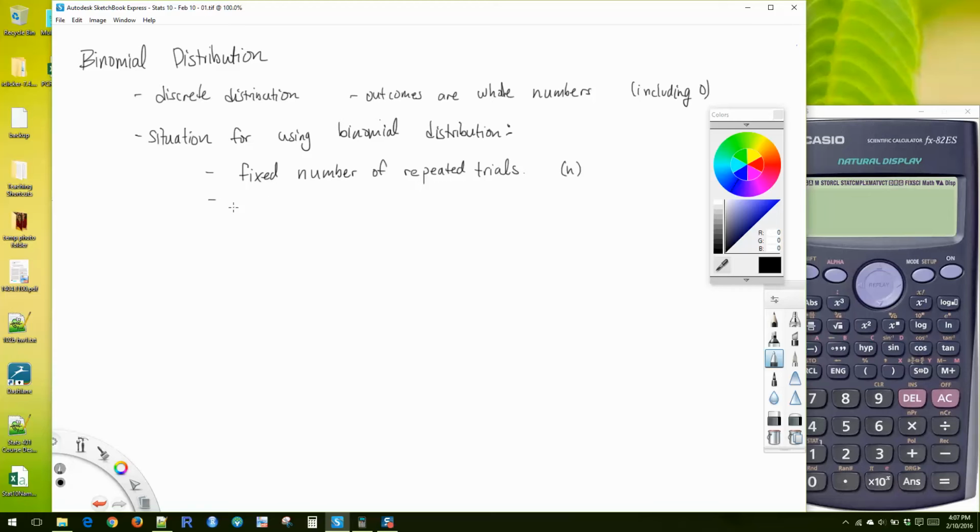Each trial has 2 possible outcomes. We arbitrarily label these success and failure, but anything where you can set it up as having 2 possible outcomes, which is everything, can be binomial.